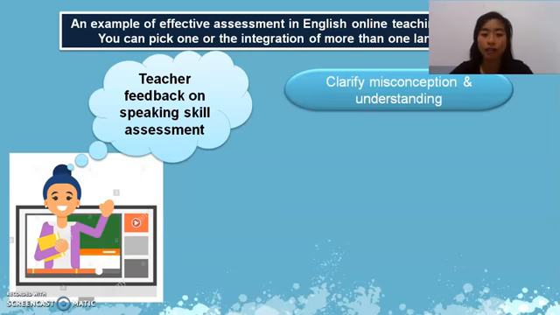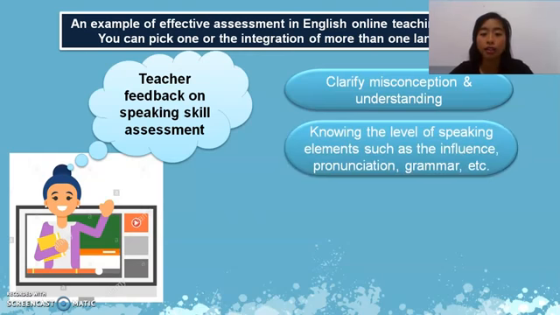Then the learner will know the level of speaking elements such as fluency, pronunciation, grammar, and so on. And what will the learner do? They will practice and practice based on the teacher's feedback.